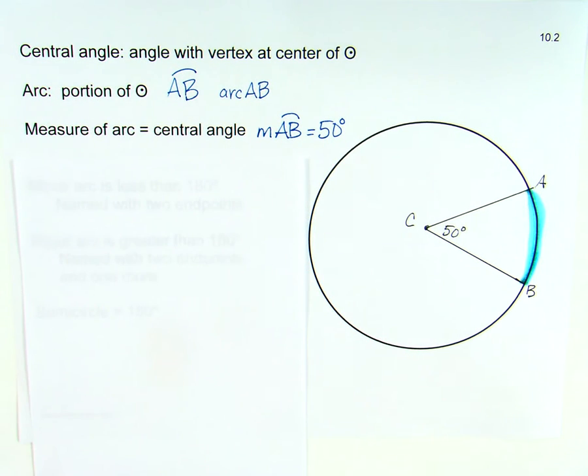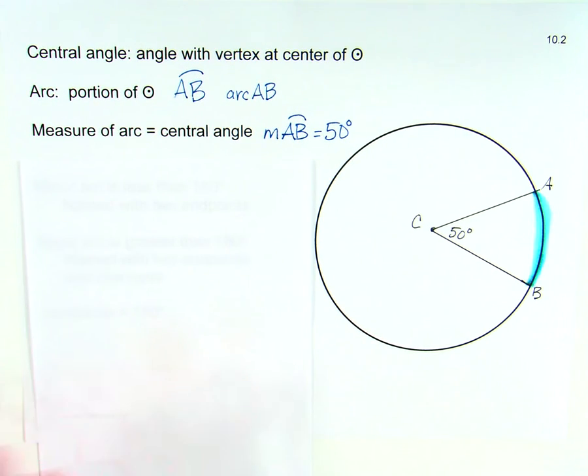This is a little different than what we're used to with line segments and other geometric figures. The measure of the arc does not mean that it's congruent to another one. If two arcs have the same measure, they are not necessarily congruent. We'll have other things that have to do with that, and we'll talk about that in a bit.